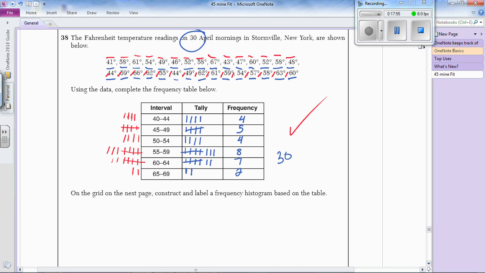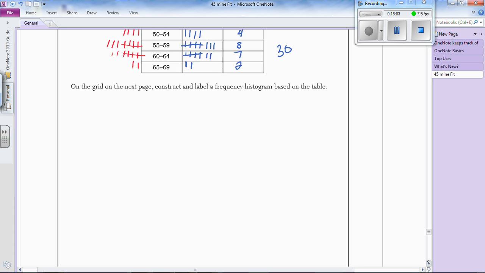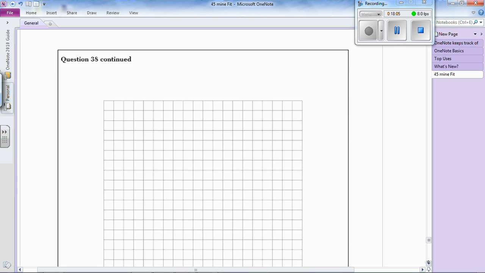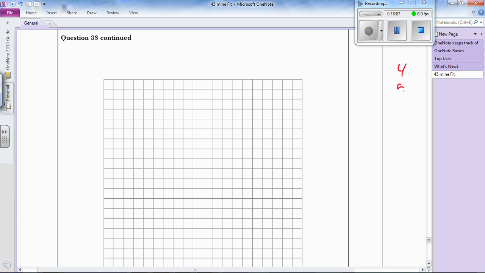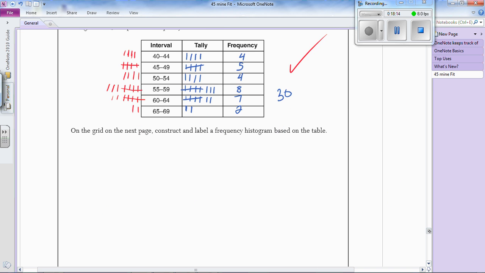Ka-ching! On the next grid, construct and label a frequency histogram. So 4, 5, 4, 8, 7, 2. Just kind of a reminder. And what's the lowest interval? 40 to 44.